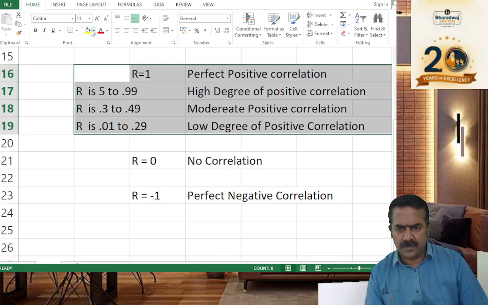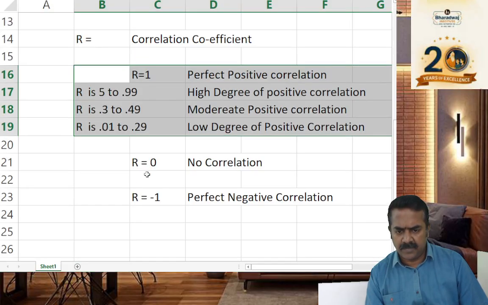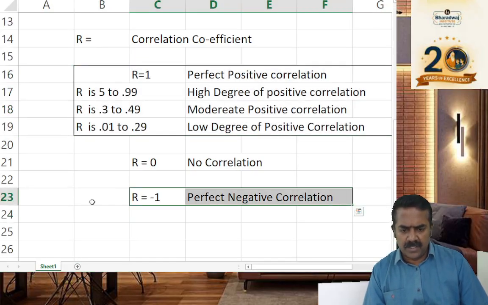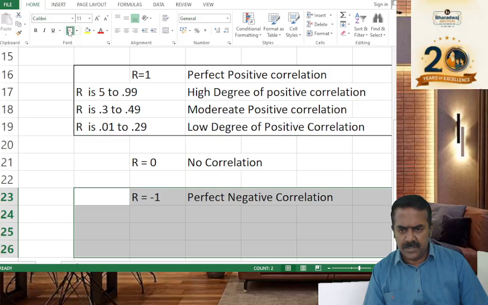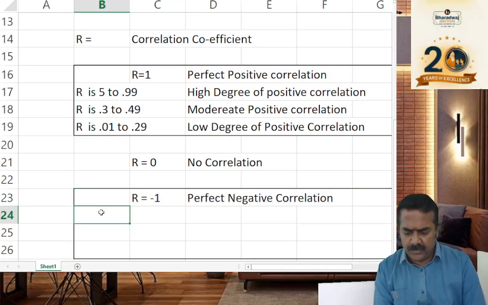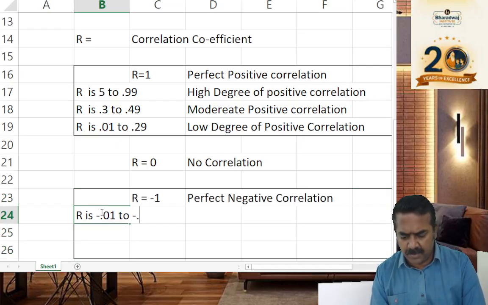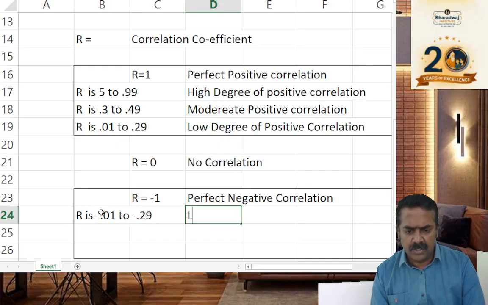This is about the positive side. If R is 1, it is called perfect positive correlation. Minus 1, it is called as what? Perfect negative correlation. Same way, if R is minus 0.01 to minus 0.29, we say low degree of negative correlation.